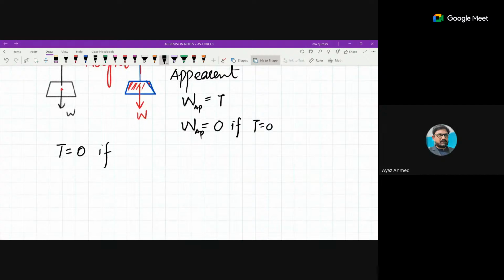If in this equation acceleration a becomes equal to g, then your object will have zero tension. Right? Is it clear to you?